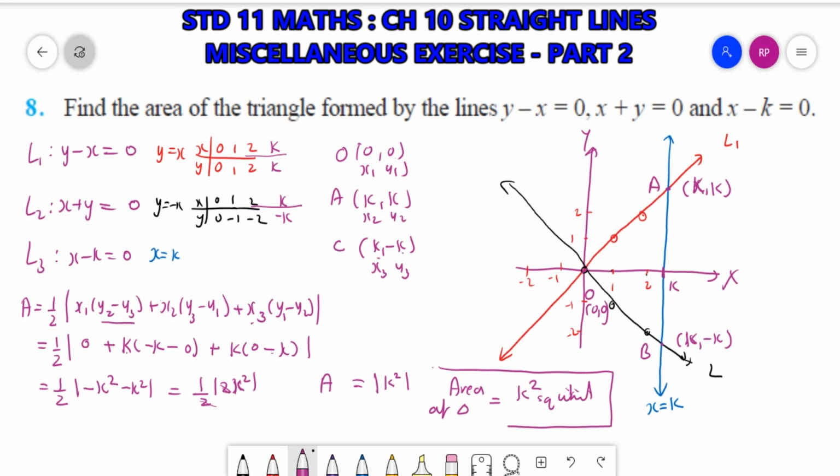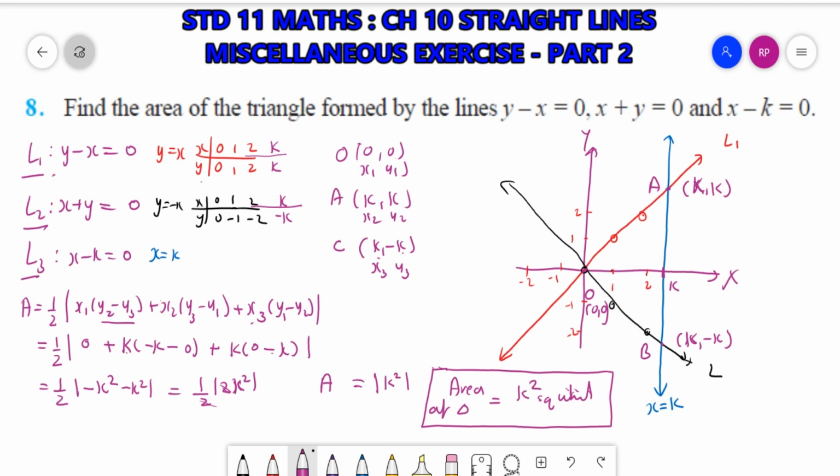This is the area of the triangle formed by the lines y minus x equal to 0, x plus y equal to 0, and x minus k equal to 0. Remember what we did. First, we drew lines L1, L2, and L3 on the graph, taking the values of x and y and joining the points.